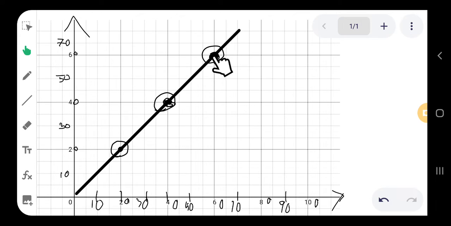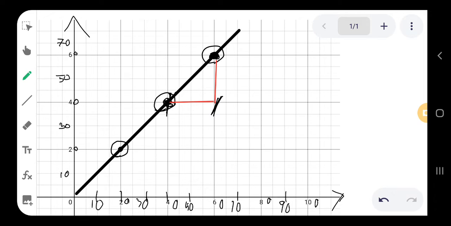Like this, it will make a triangle. So let's draw this, and from this to this. So this is making a triangle. Okay, so what is this to this?